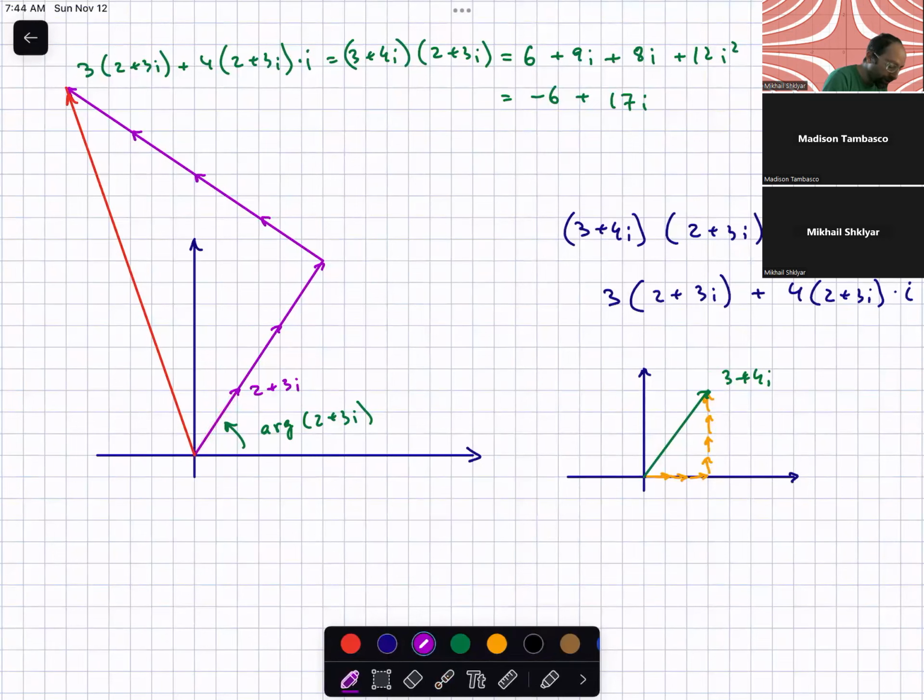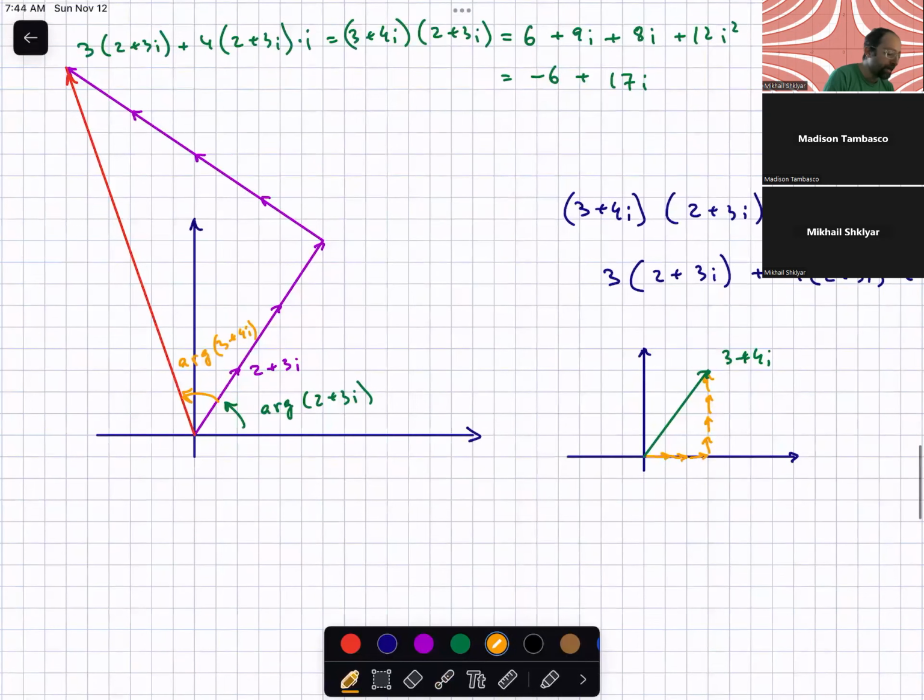So this angle over here is actually the argument of 3 plus 4i. And we can't really verify the angle, but we can definitely verify the magnitude.